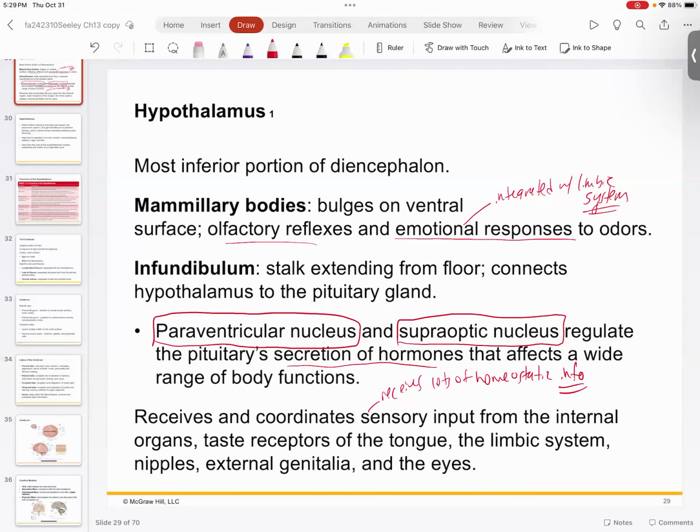And so it kind of sorts through that. For instance, you have a lot of these inputs from internal organs. That's those homeostatic types of inputs. Your taste receptors, so your sense of taste will go to your hypothalamus. Your limbic system will go to your hypothalamus. Nipples, external genitalia, the eyes. So there's a lot of stuff coming into the hypothalamus. And it's basically sorting through all these different inputs.